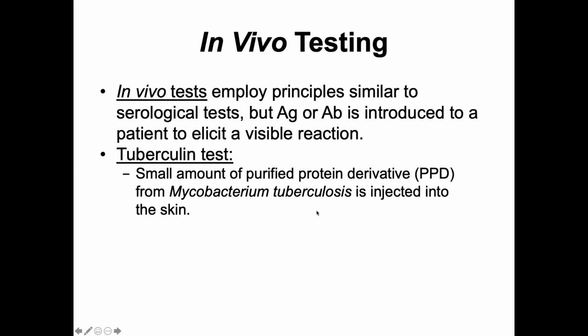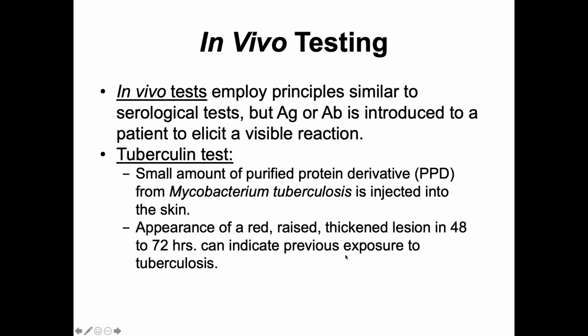In vivo tests use the same idea as serological tests, but the antigen and antibody is put into the patient, and we look for a reaction in the patient. An example is the TB test, where a tiny amount of antigen from Mycobacterium is injected under the epidermis of the skin, and then if you get an induration, which is a raised red bump on the skin, that means they have antibody against that Mycobacterium antigen, which means that they've been exposed in the past.